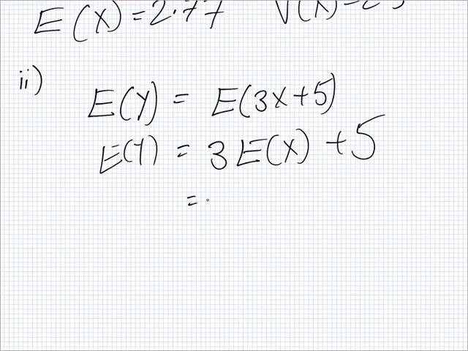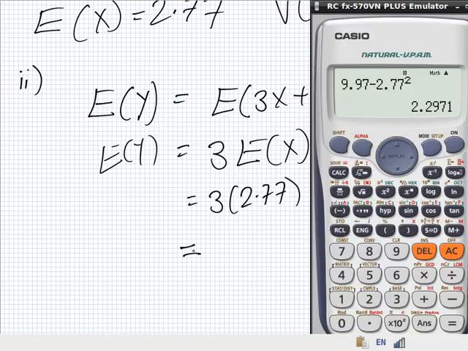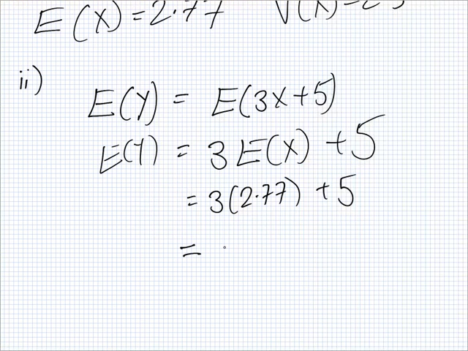So that's 3 times 2.77 plus 5. Do we have what this is? Three times 2.77 plus 5. 41? Must have mistyped. 13.31 is what I got.